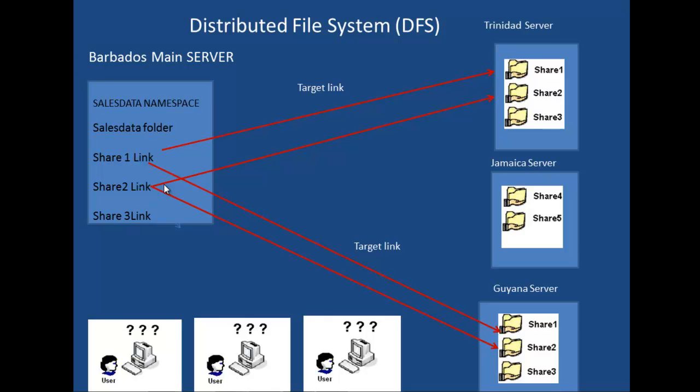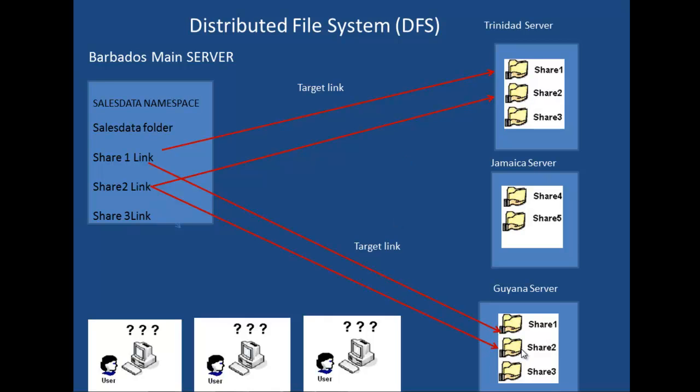In addition, what if some redundancy was built into the shared folders so that we have multiple copies of share 1 spread across several servers? Like our example, we have a copy of share 1 in Trinidad. We also have a copy of share 1 in Guyana. We have share 2 in Trinidad.